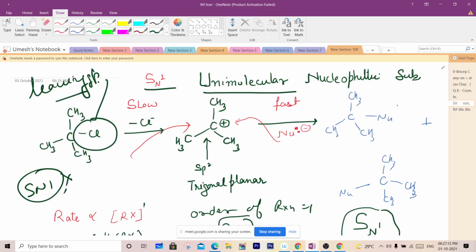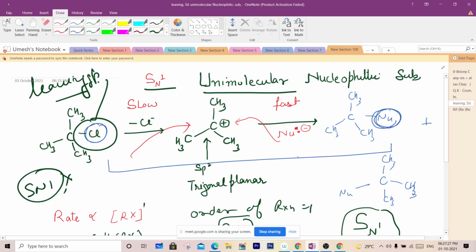Now back to the mechanism again. If you see the configuration here, the chlorine is on the right-hand side, and the nucleophile also on the same side. So from here to here we have a retention of configuration.